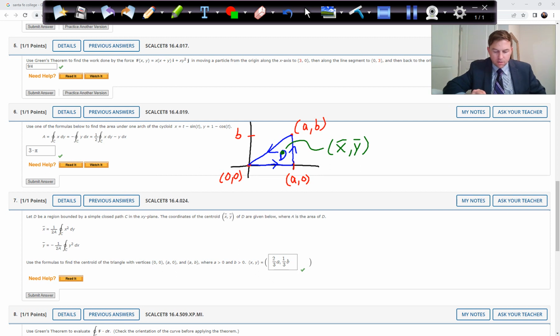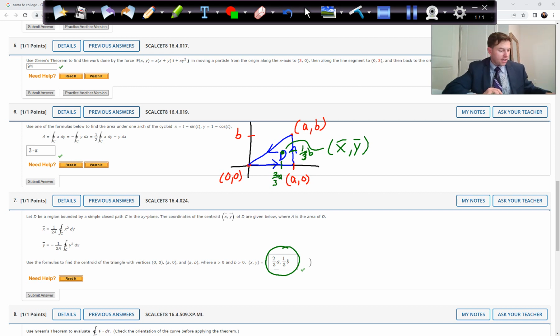This problem is a little more involved than I wanted it to be, so your problem should have different numbers. It turns out, and I don't want to go through this because it's a little longer than I want, the x value will be exactly 2/3 the overall distance, and the y value will be exactly 1/3 the overall height of that triangle. So just record those answers and you should be good to go.